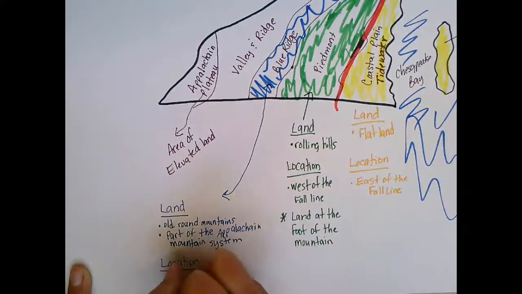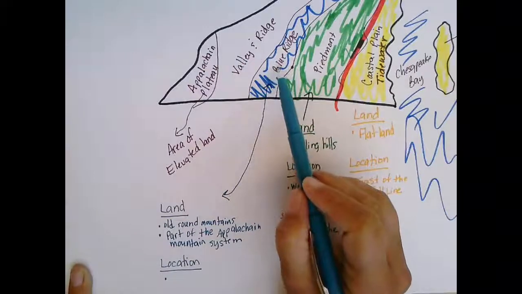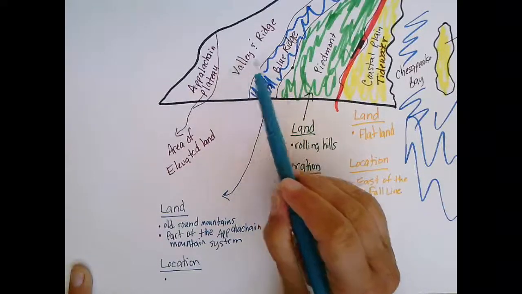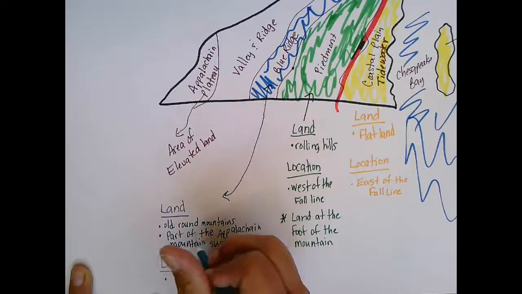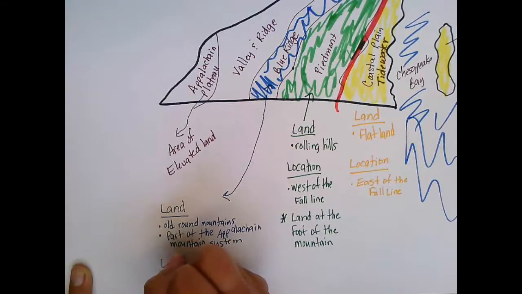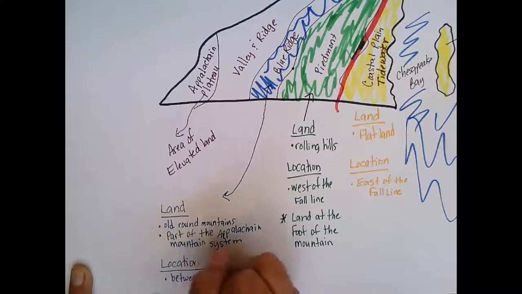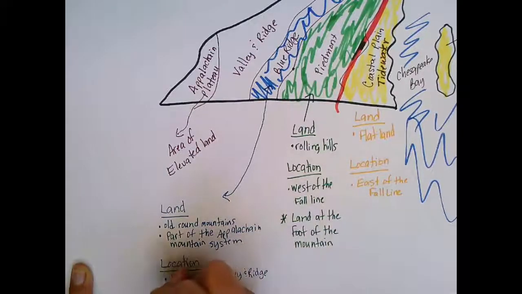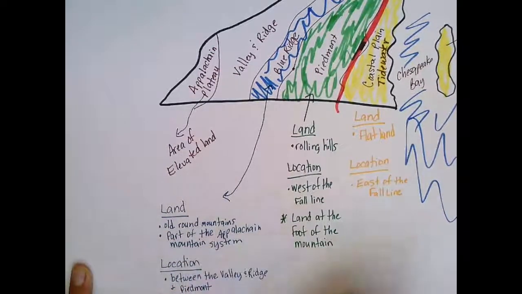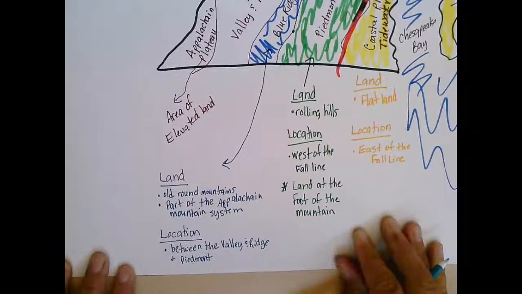And it is located, I bet you can guess, if it's right here, it's located between the Valley and Ridge and Piedmont region. Okay, between the Valley and Ridge and Piedmont region.